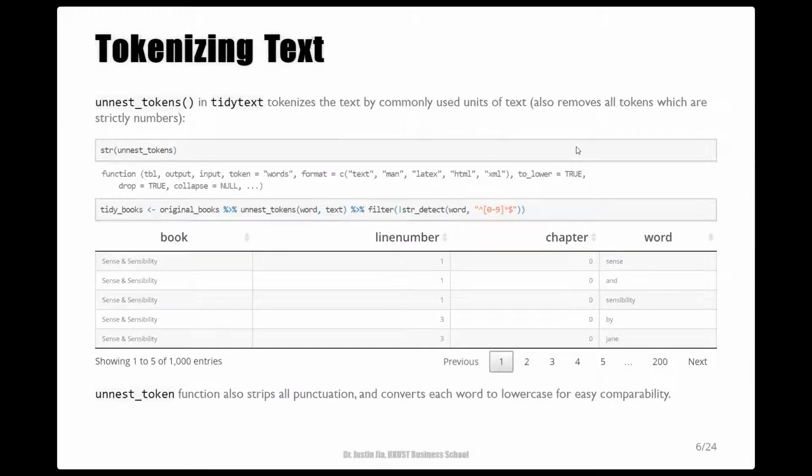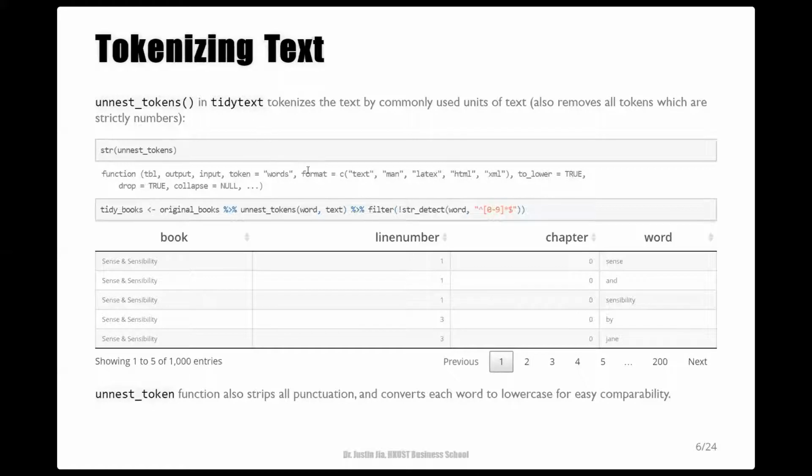Within the tidy text framework, we need to break the text into individual tokens. A token is a meaningful unit of text that we are interested in using for analysis. An example of tokens includes a word, an n-gram, a sentence, a line, and so on. To tokenize the text, we use the unnest_tokens function in the tidytext package. This function tokenizes the text by splitting the units of text and transforms it into a tidy data structure.